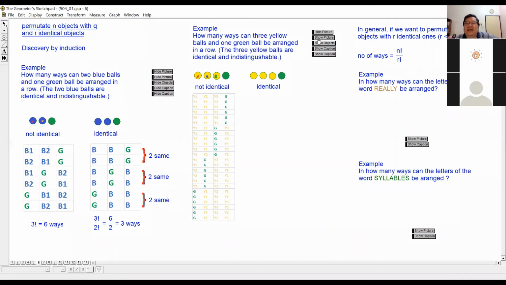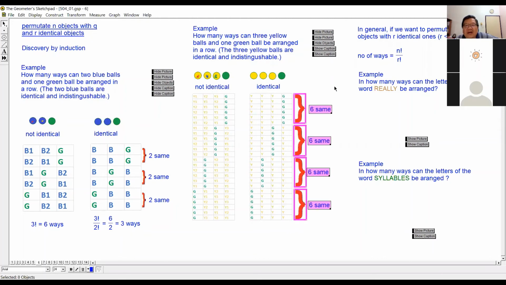But in this group, Y1, Y2, Y3, G, they all become Y, Y, Y, G. If there are 6 of them with different yellow balls, they have 3 factorial arrangements, and these 3 factorial become one way only.